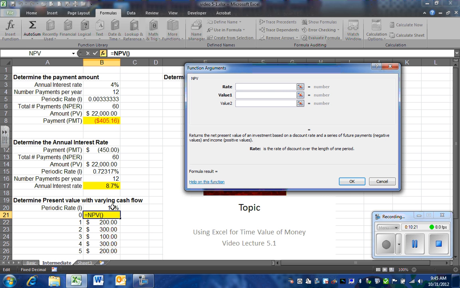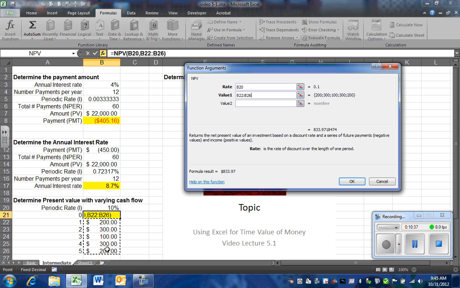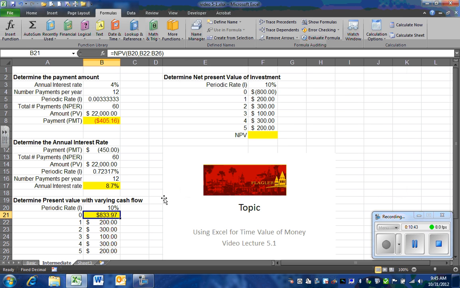So our rate we're going to use is 10%. Next we have to input the values. We can do these individually, or since we have the cash flows mapped out, we can highlight the range, and when we click OK, we get back the present value of this uneven cash flow at a 10% rate of return.